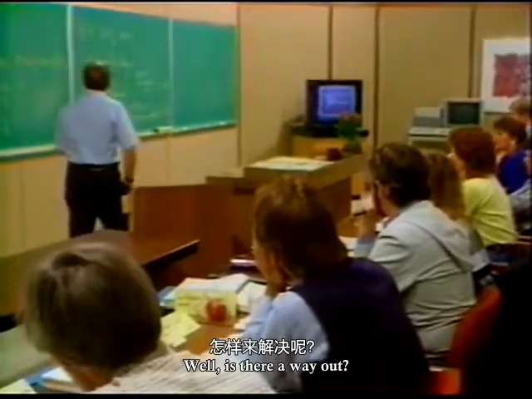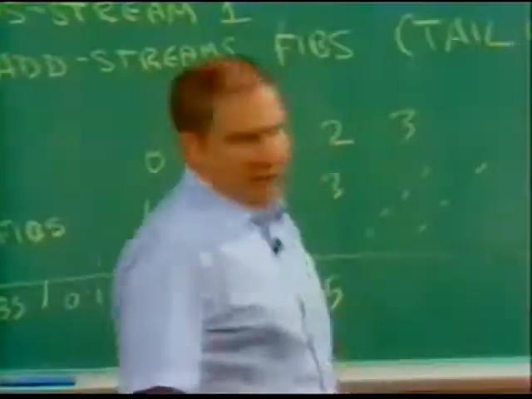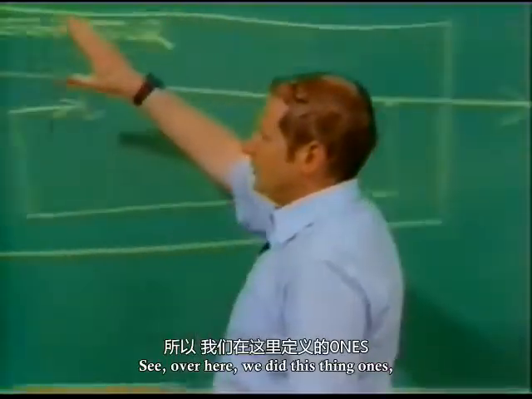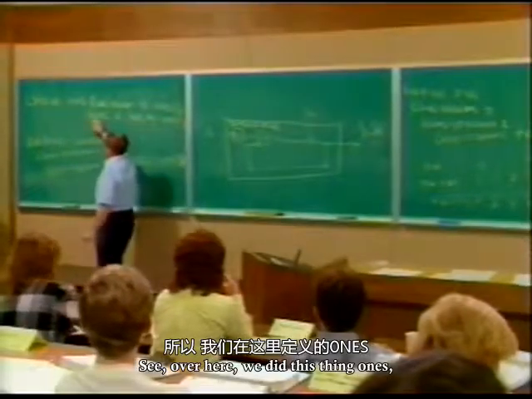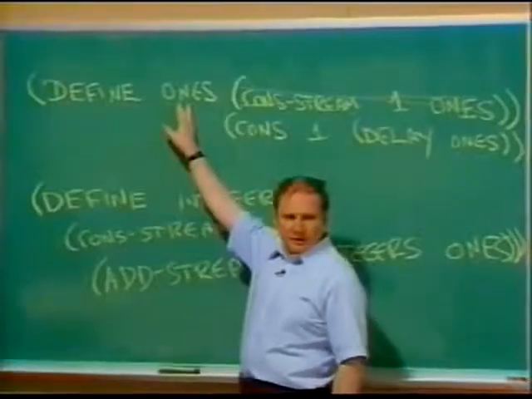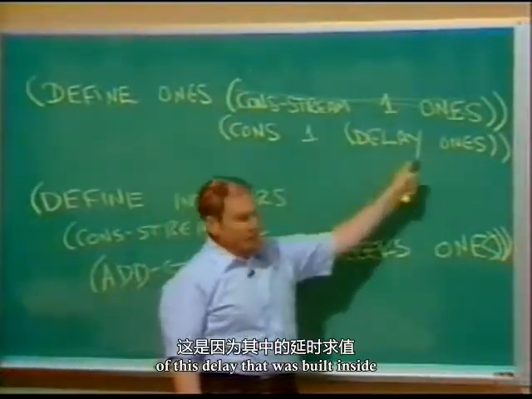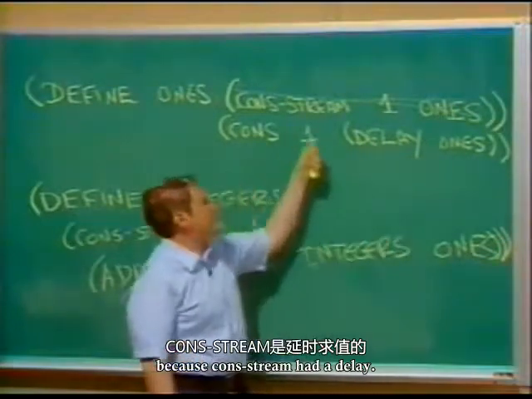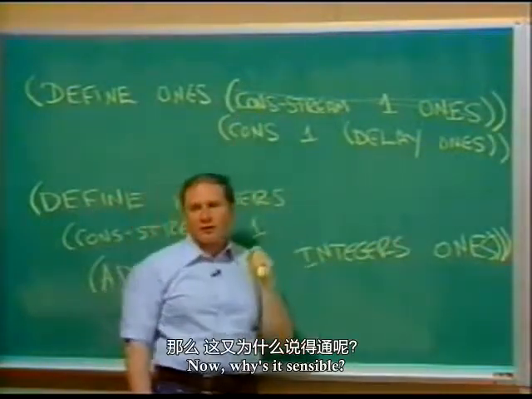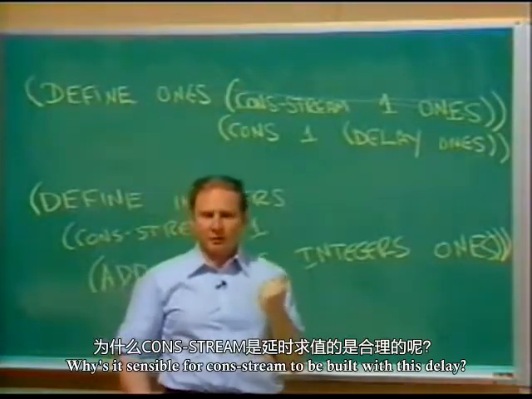Well, is there a way out? See, we could do that with ones. Over here we did this thing, ones. And we were able to define ones in terms of ones because of this delay that was built inside, because constream had a delay. Now, why is it sensible for constream to be built with this delay?